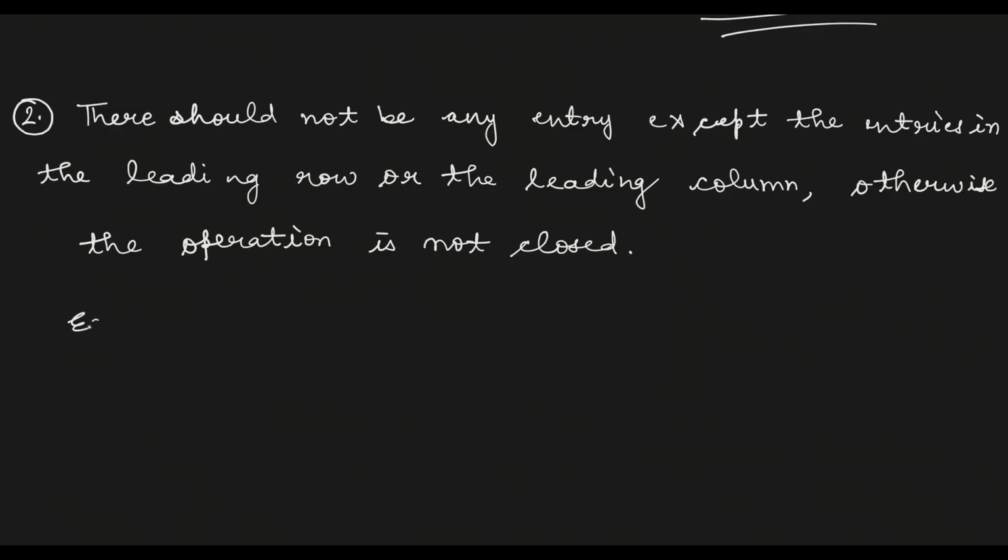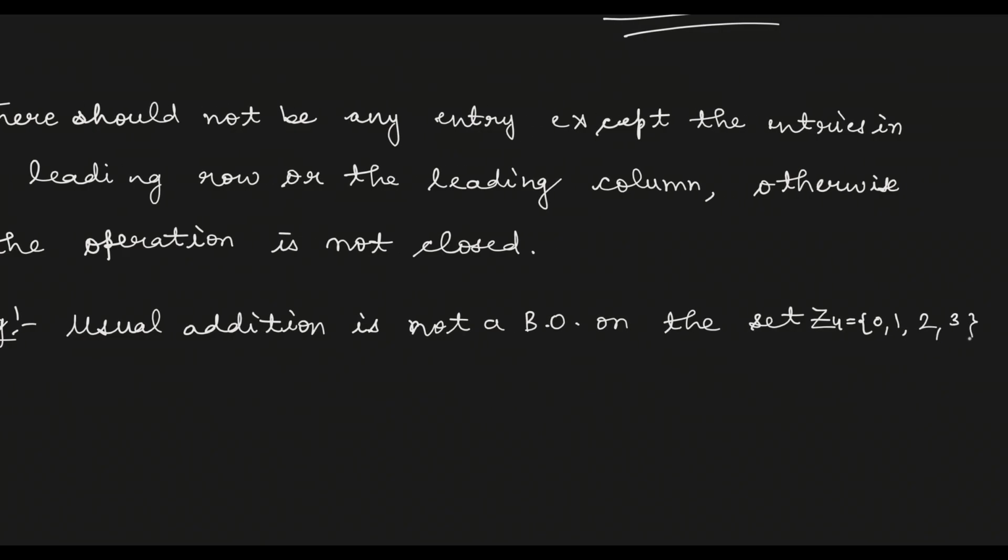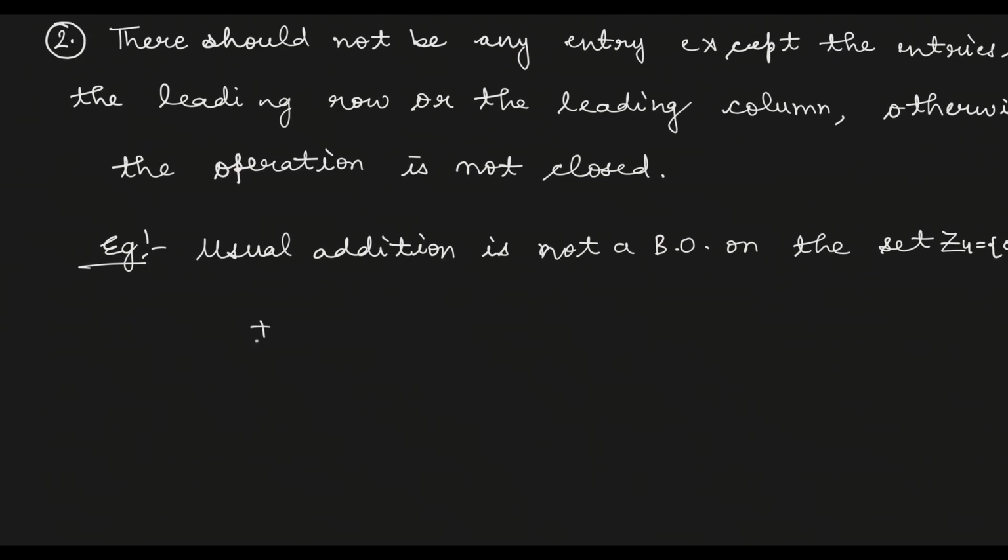For example, usual addition is not a binary operation on the set Z4 equal to {0, 1, 2, 3}, because this is plus 0, 1, 2, 3, 0, 1, 2, 3.